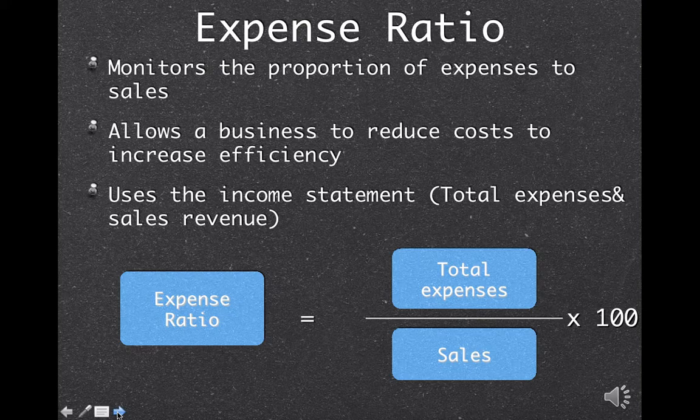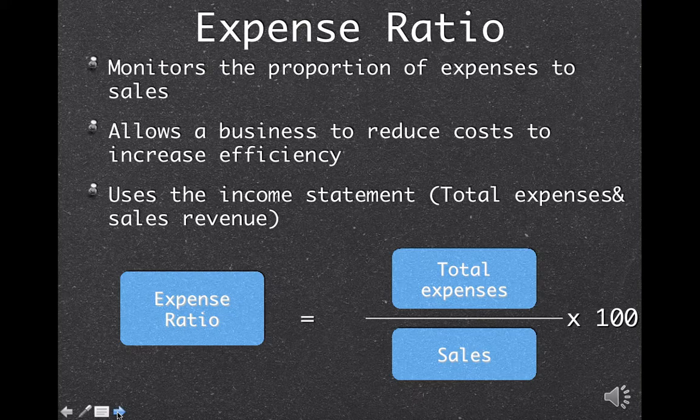It allows a business to look at if they have high costs in certain areas and try to make the management of their sales versus their expenses more efficient. It uses the income statement only. The balance sheet is not needed here. And the ratio formula is expense ratio equals total expenses divided by sales times 100 to give us a percentage.